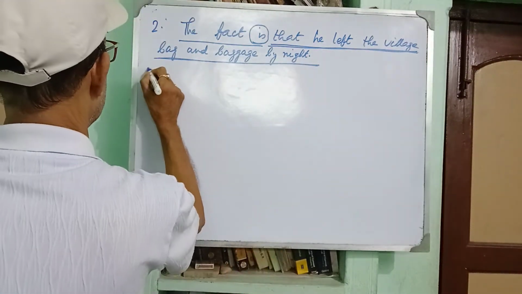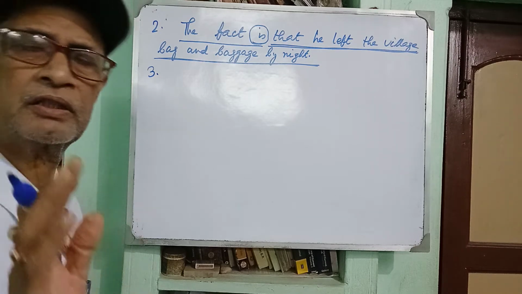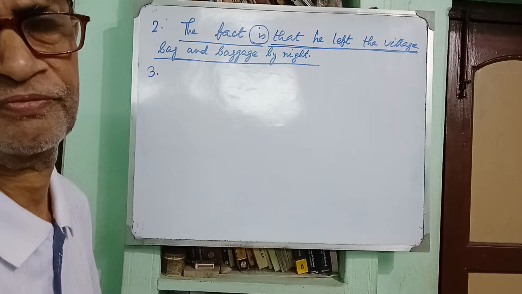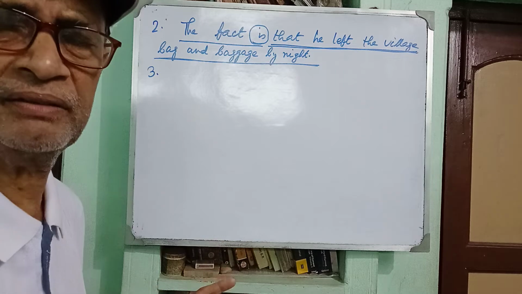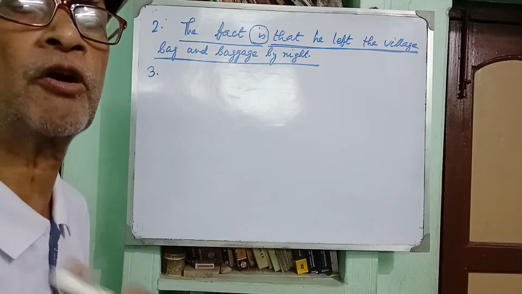Now let us take the third example. Suppose I am giving you two sentences and you have been asked to combine them into a complex sentence by using noun clause and complement to the verb.